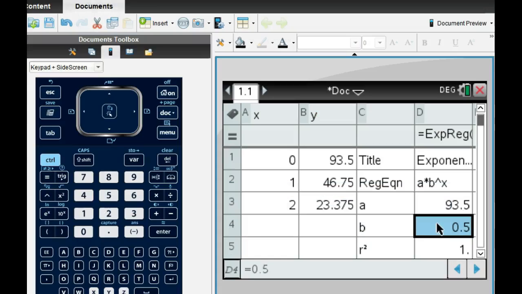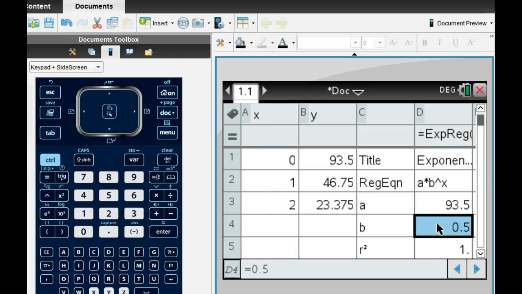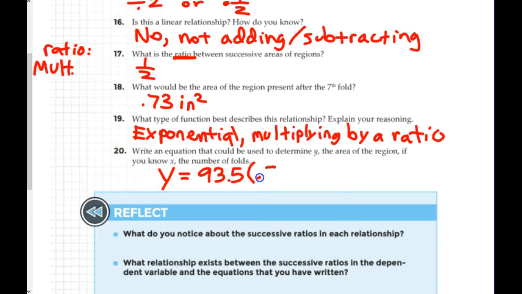So again, y equals 93.5 times 0.5 to the power of x. And you could plug that in to graph, hit Control T, get a table, and find any number of terms from that. Okay?